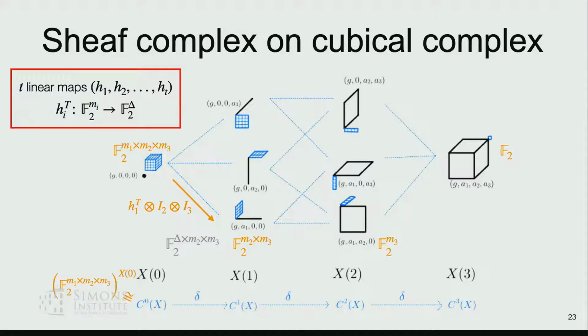After the map, you get this delta times m2 times m3 tensor, which looks a bit different. But we can recall that each vertex is connected to delta many edges. So we can split this tensor into delta layers and send them to these delta edges. In other words, if this edge is the a1th edge, then we'll take the a1th layer of this tensor.